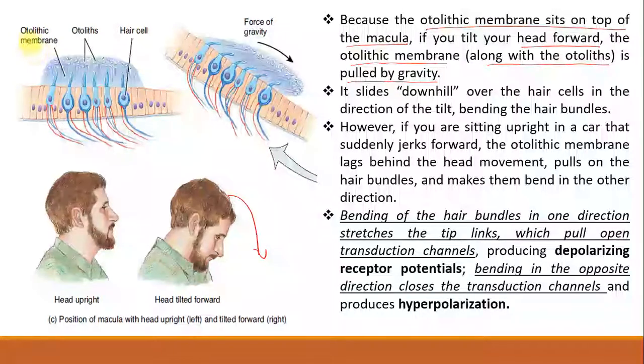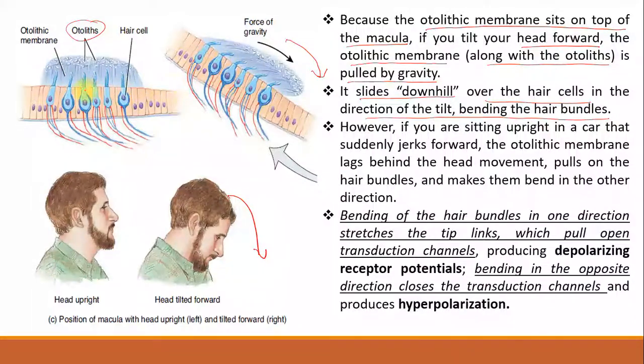The otolithic membrane along with the otoliths will move in this forward direction also, because the force of gravity pulls these otoliths as well as the otolithic membrane forward. So it slides downhill over the hair cells in the direction of the tilt, bending the hair bundles.